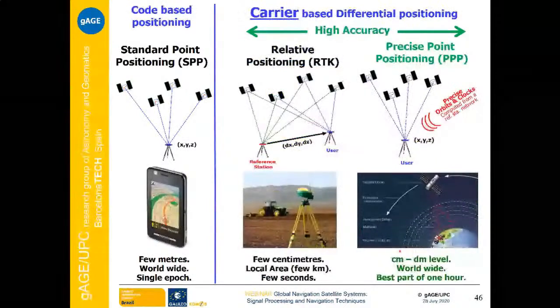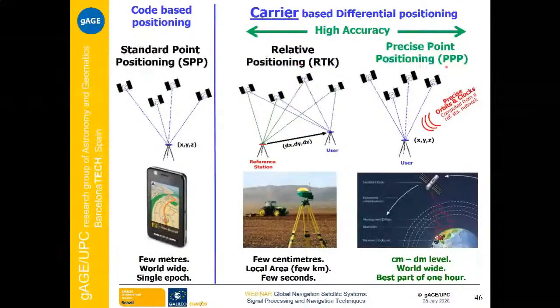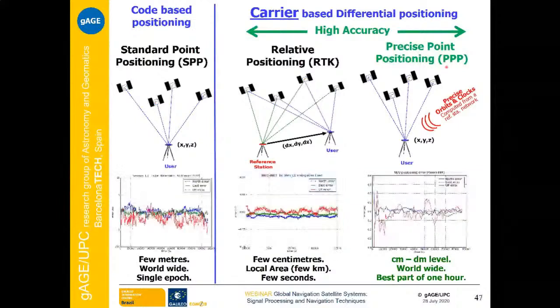Carrier-based positioning: we have relative positioning and precise point positioning. These are the accuracies. Now, neither works in single epoch. We need seconds, a few seconds, in order to achieve this high accuracy in RTK.